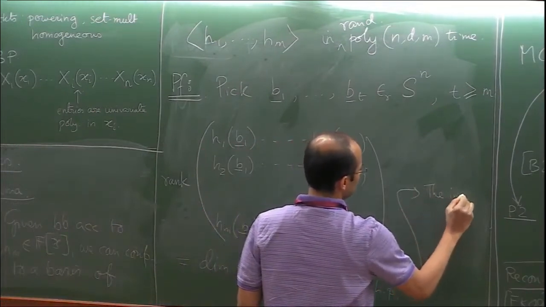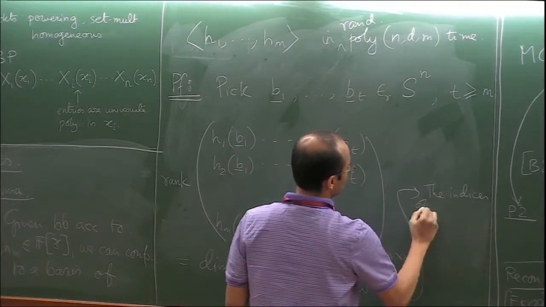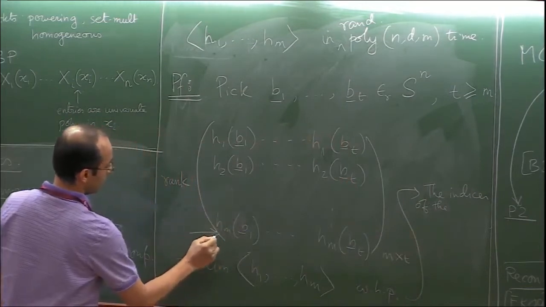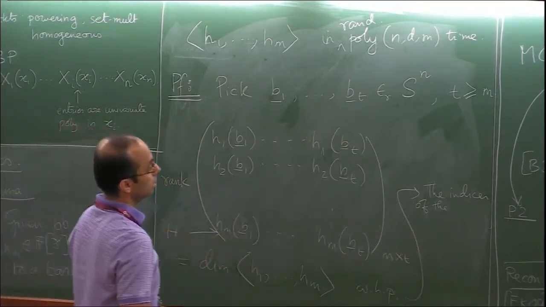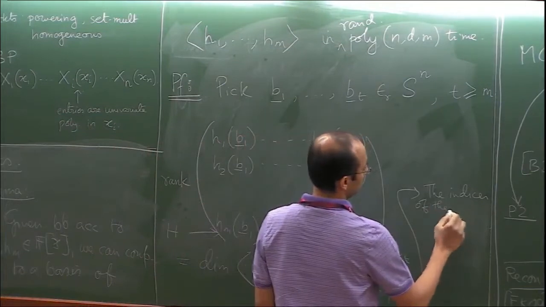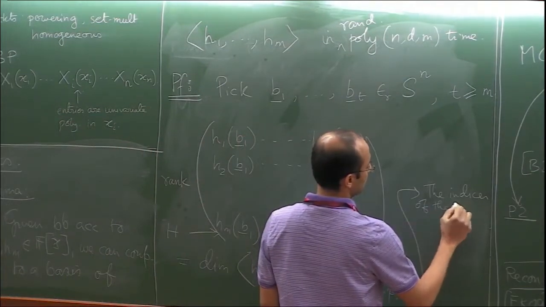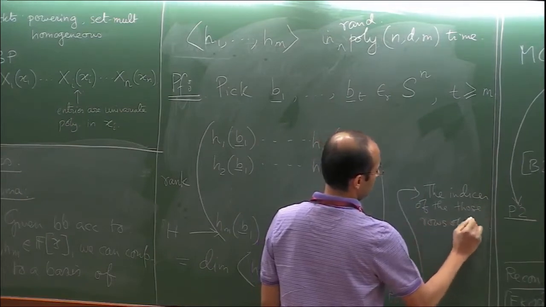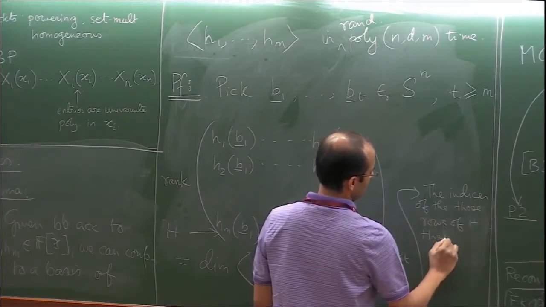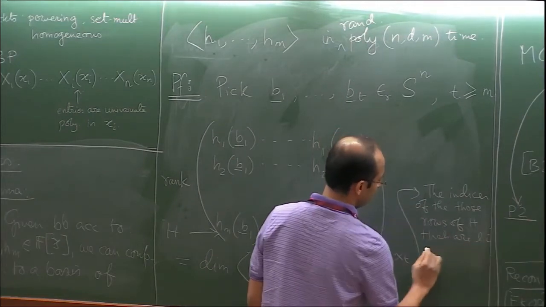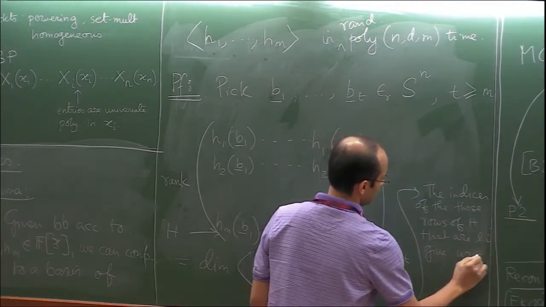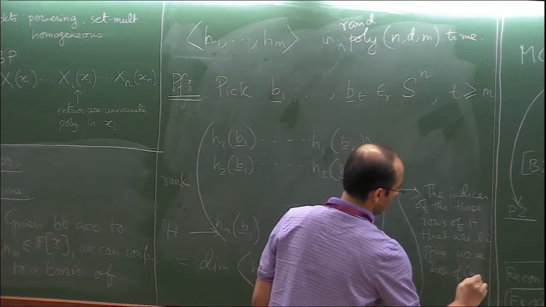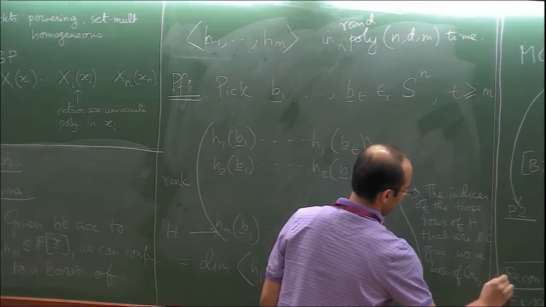So you select the indices of those rows. If I call this matrix H, then the indices of those rows of H that are linearly independent give us a basis of h1 through hm.